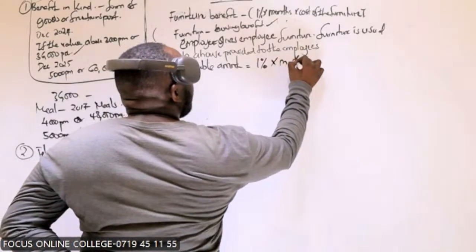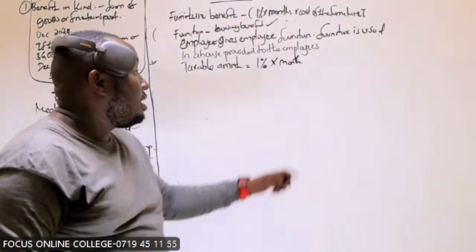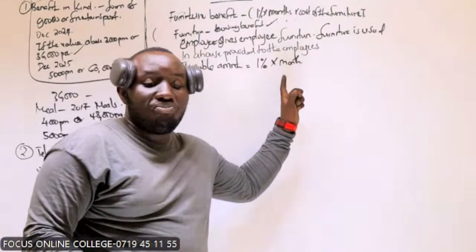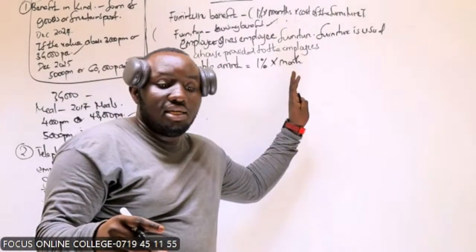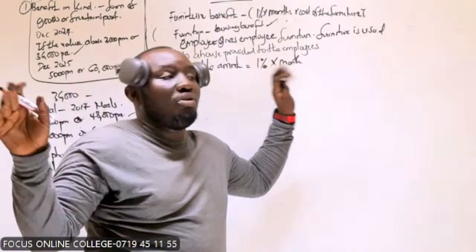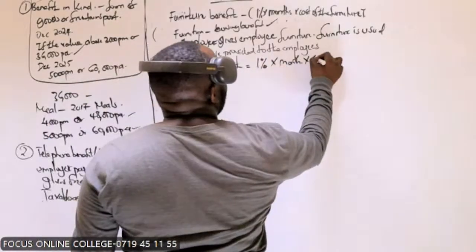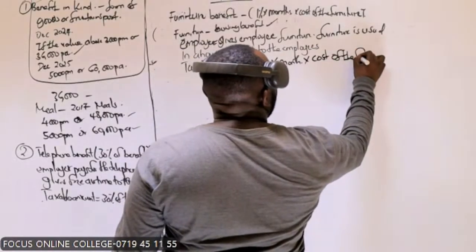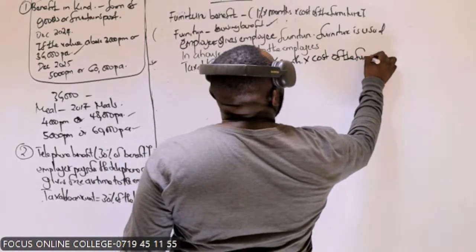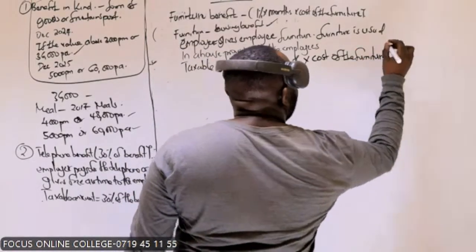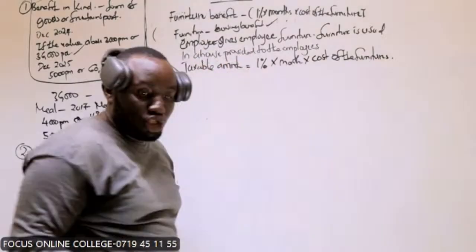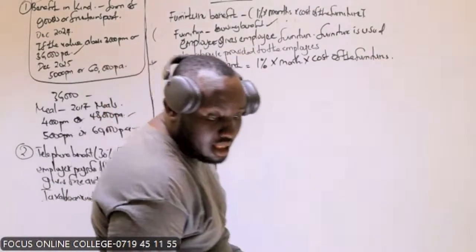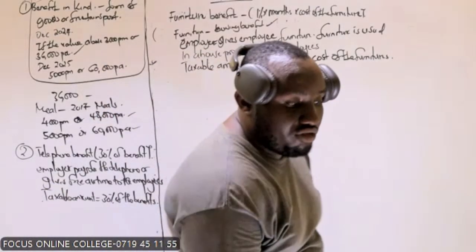If it's not housed for 12 months, then you cannot use 12. If it's housed for 4 months altogether, then that should be 4 months times the cost of furniture.